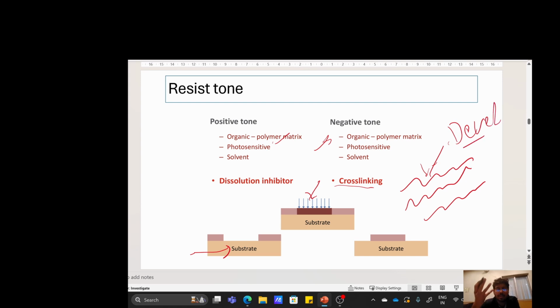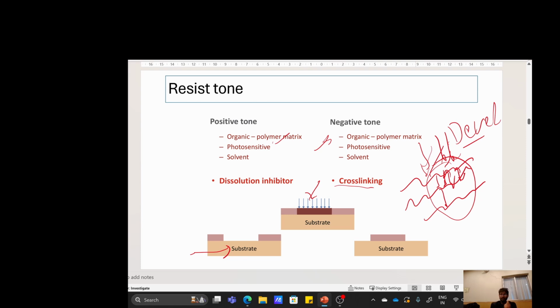If you are not shining any light and you directly put this wafer in the developer solution, everything will get removed. But as soon as you shine the light, this part will get cross-linked.